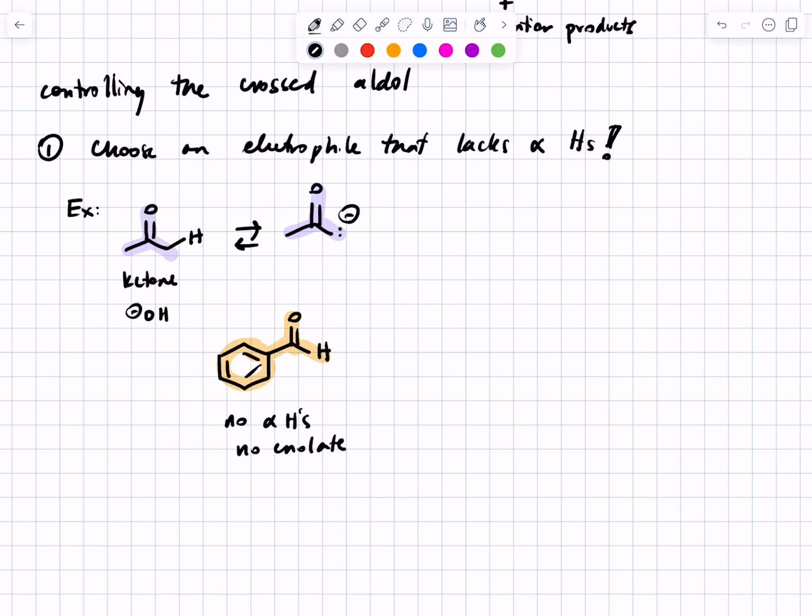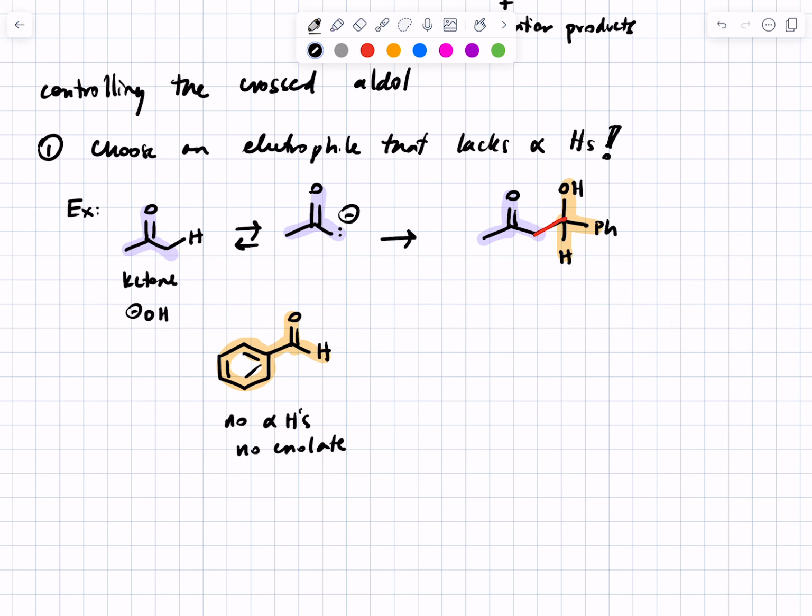So you could hope to get mostly the desired product, and I'm going to use Ph to abbreviate the benzene ring. Here is the bond that we just made. In orange is the portion that was the aldehyde electrophile. In purple is the portion of the molecule that came from the nucleophile.